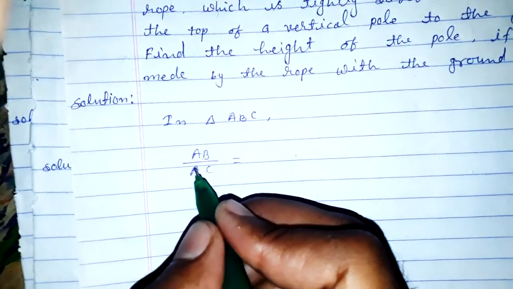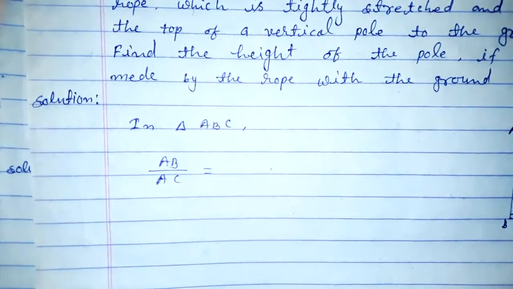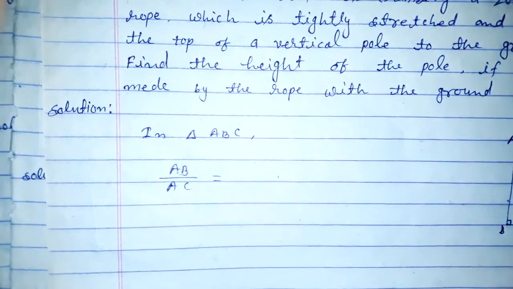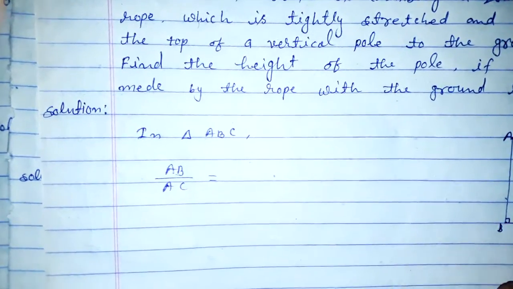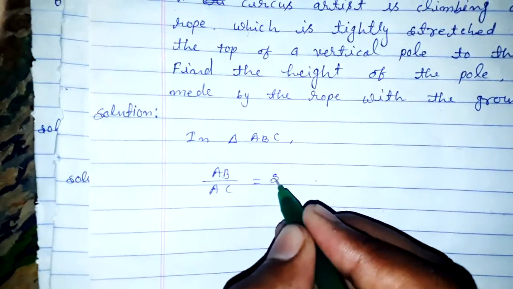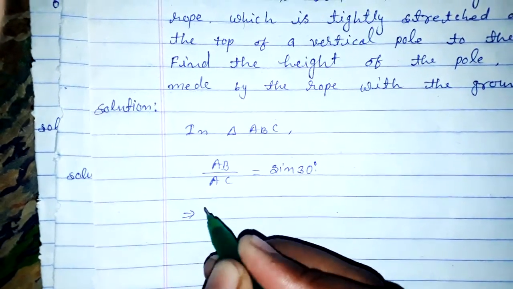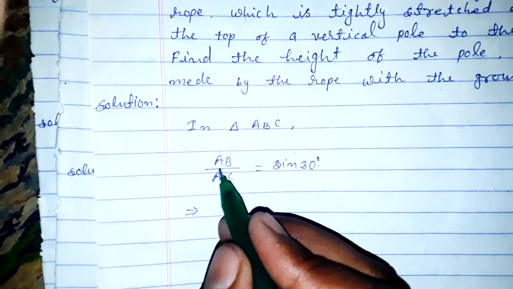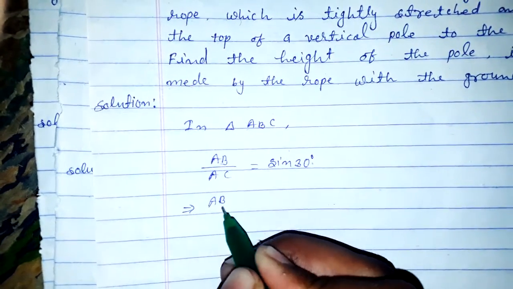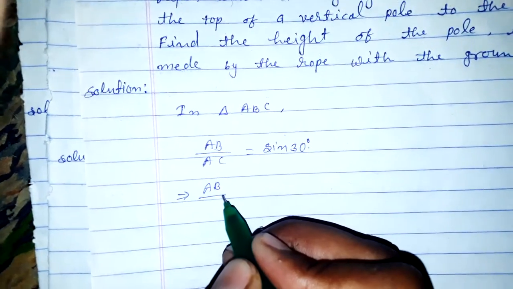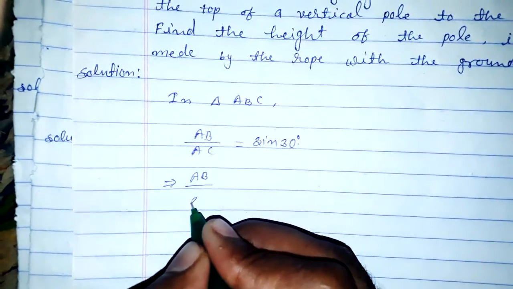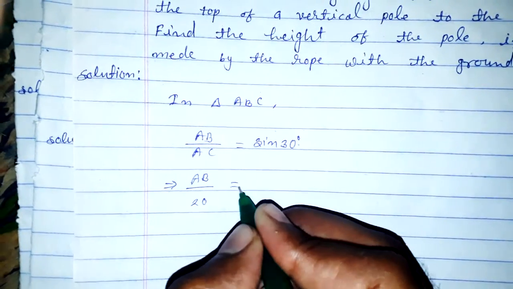This ratio is called sine because it is the side opposite to the angle 30 degree over the hypotenuse. So this is sin 30 degree. We will find the value of AB. AC is 20 meter.